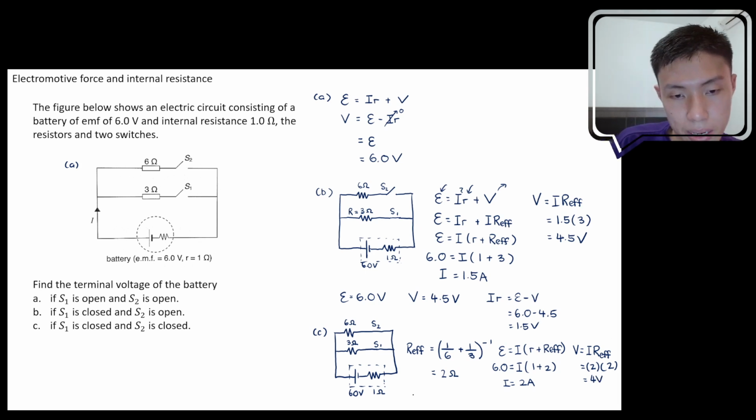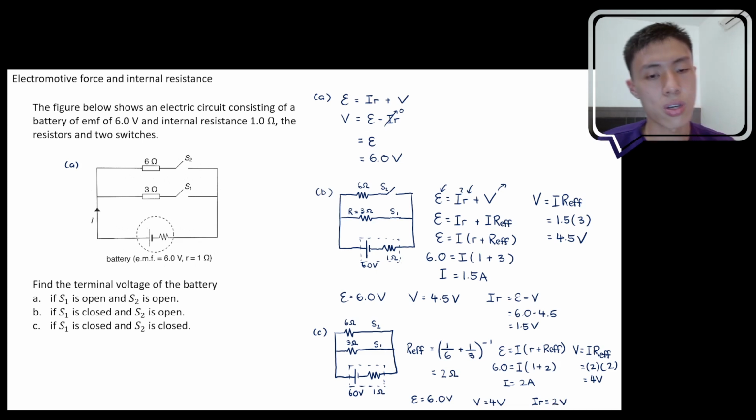Okay, so this time again the battery is going to supply 6 volt. What's available for outside, what's available for the external circuit, is only 4 volt. So that means the battery itself is going to consume 2 volt. So the battery supplies 6 joule of energy to every coulomb of charge that passes through it.